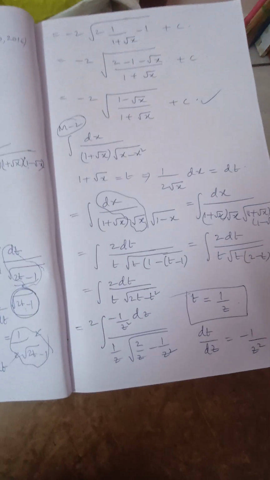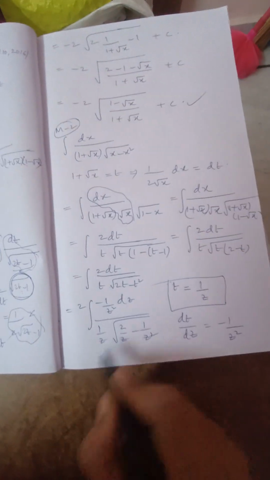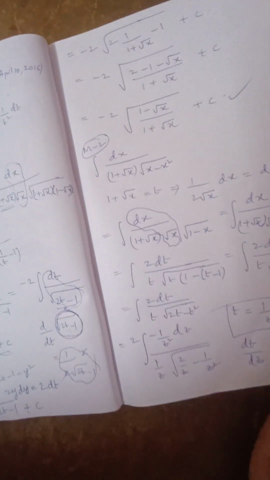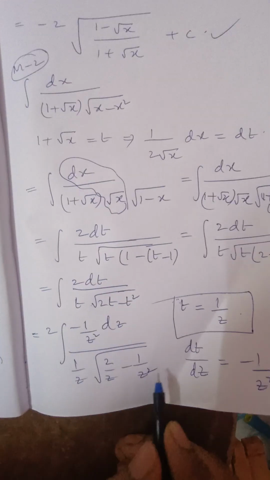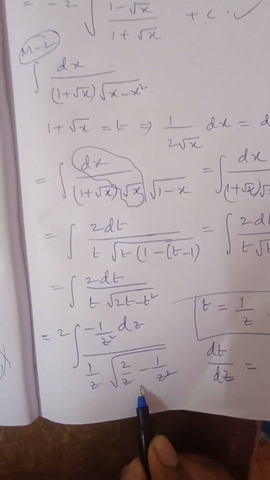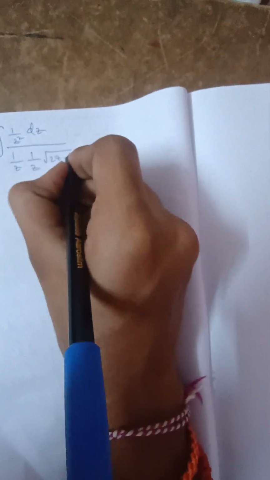So from this we get minus 2 times the integral of 1 by z square dz by 1 by z into, if I take 1 by z square common from this, we get 2z minus 1 root of 2z minus 1.